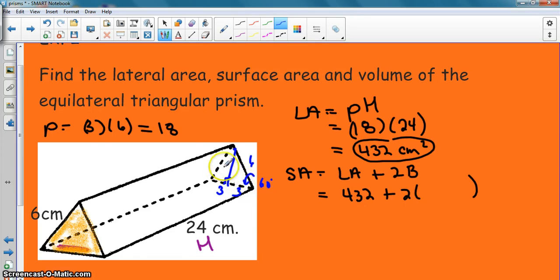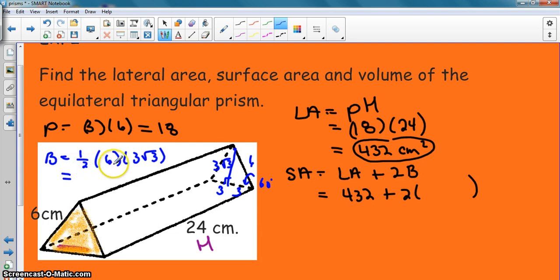So I'm looking for my long leg for the height, and so 3 times root 3 is 3 root 3. So the height of that base triangle is 3 root 3. So the base area is a triangle, so 1/2 times 6 times 3 root 3.